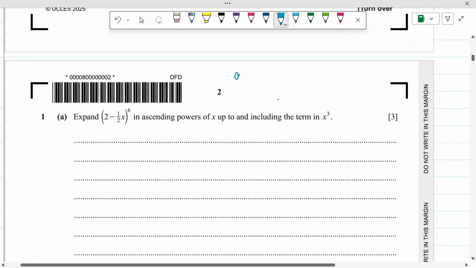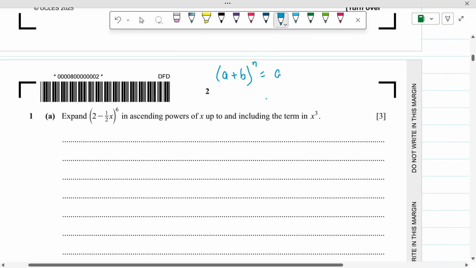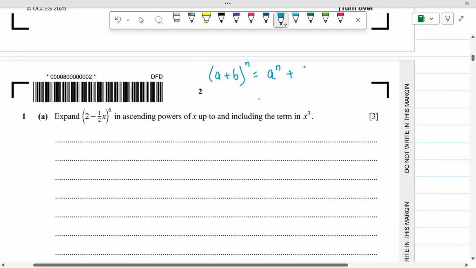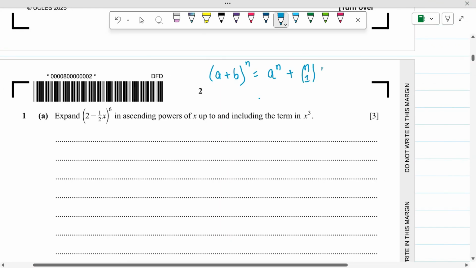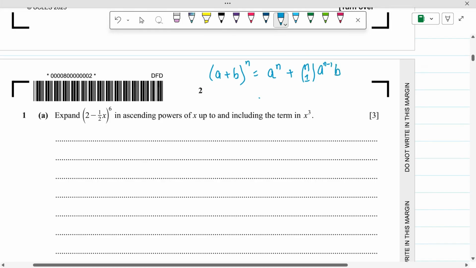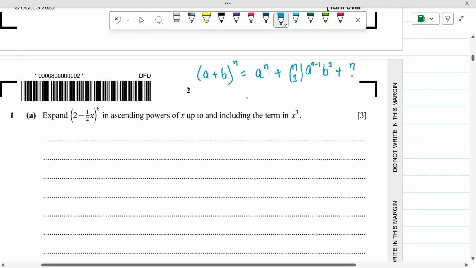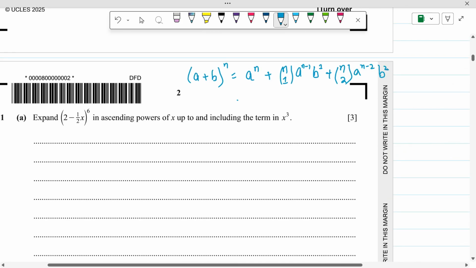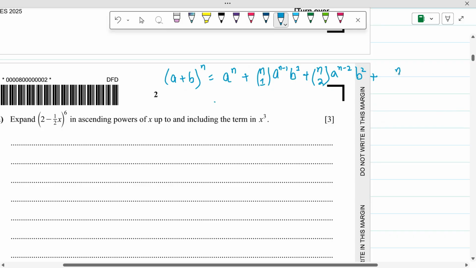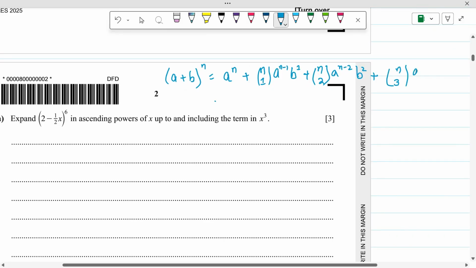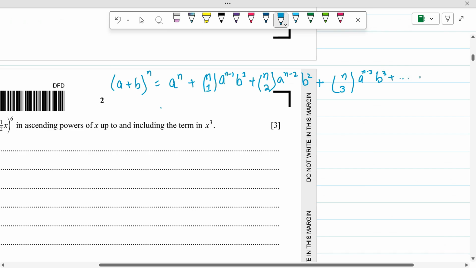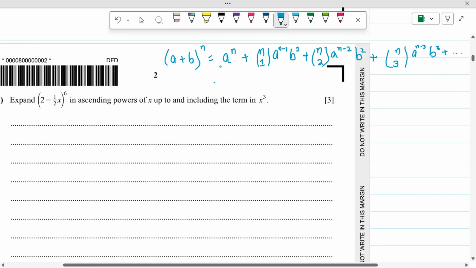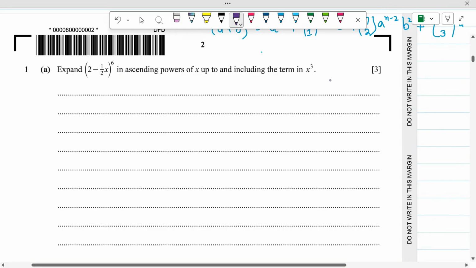We know that (a plus b) to the power n equals a to the power n plus nC1 a to the power n minus 1 b to the power 1 plus nC2 a to the power n minus 2 b to the power 2. The fourth term is nC3 a to the power n minus 3 b to the power 3, and it goes on until it reaches b to the power n. So we need to solve this expansion up to x cube.